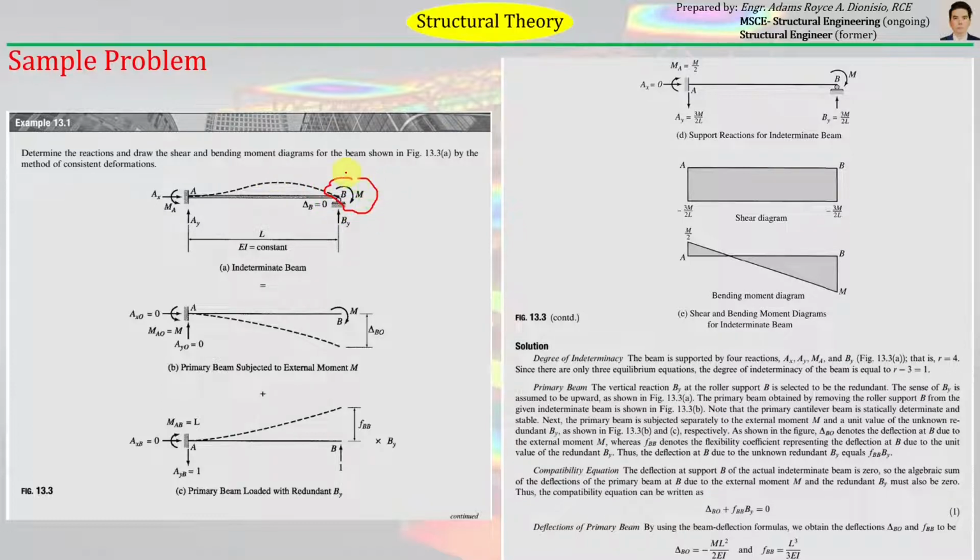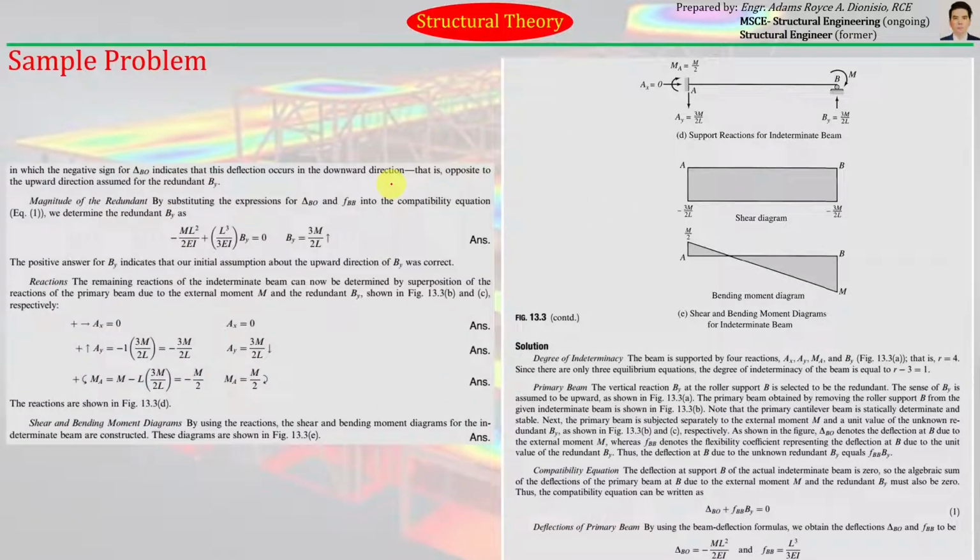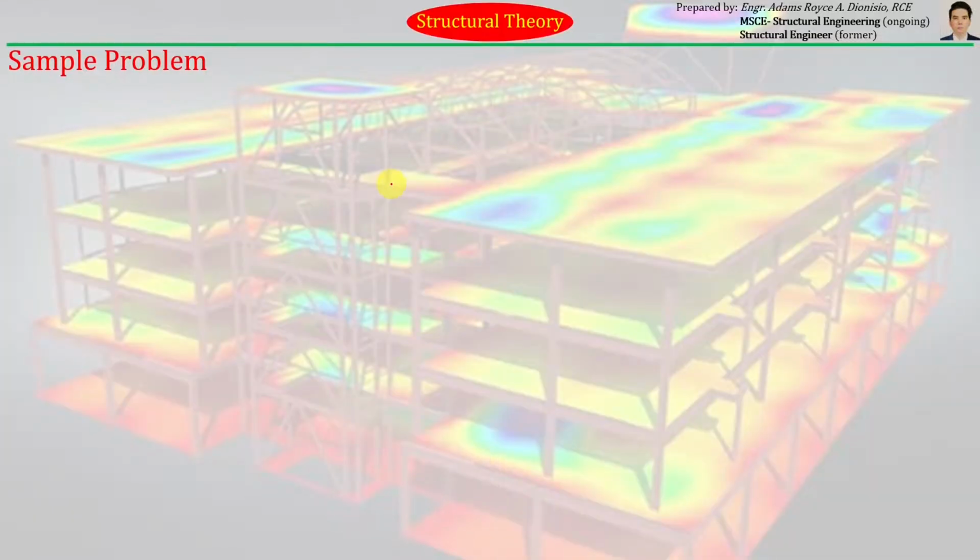You can see here the load applied to the prop beam is just expressed in terms of a variable m. So the only problem on this question is the tedious effort of computation, because all of your computation here will just be composed of letters, since we have no specific values of loads. Okay, but in any case, same concept will just be used.